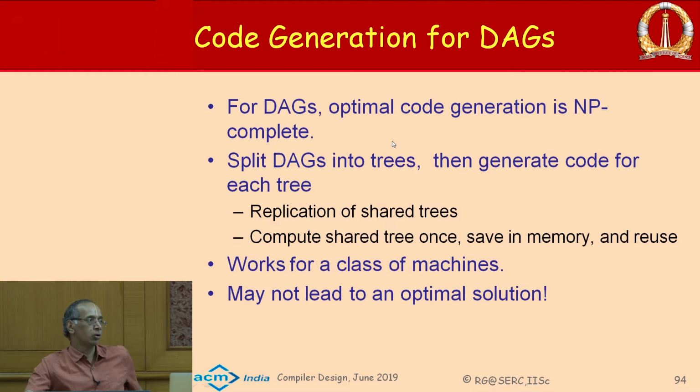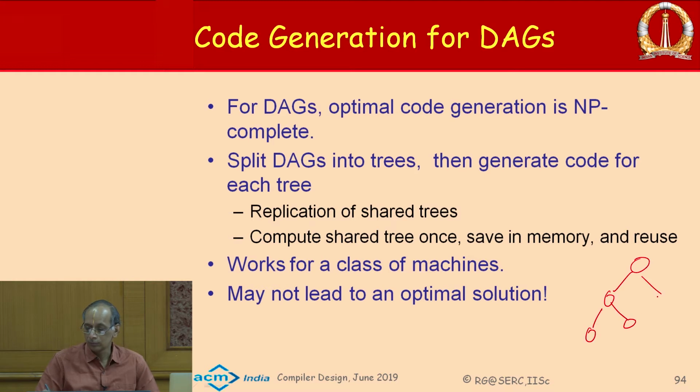generate efficient code. One possible way is to look at your DAG and then split some of these nodes so that your DAG becomes a tree. Let me give you an example here. Supposing we have something like this.